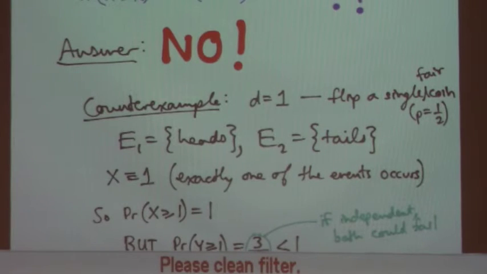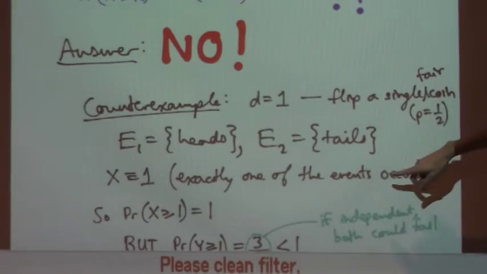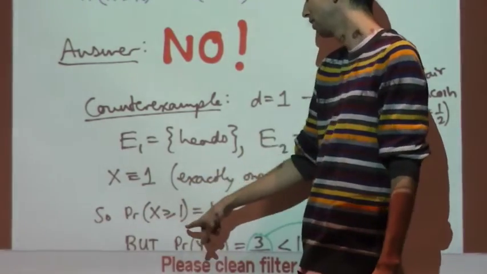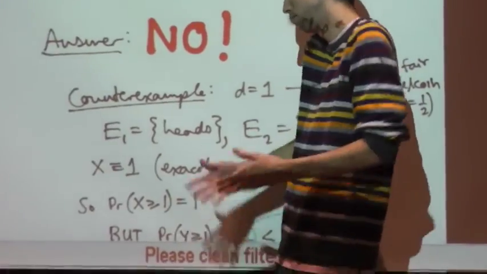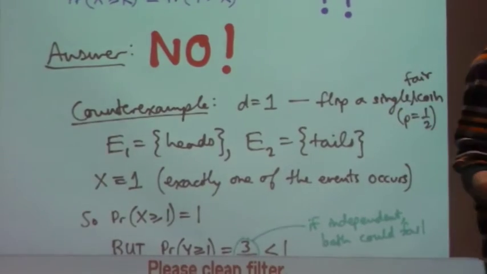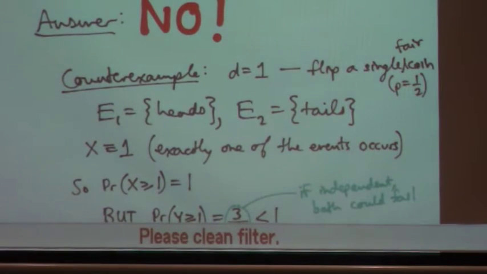So this fails for k equals 1. The probability that X is at least 1 is 1, and the probability that Y is at least 1 is only 3/4. But it should be at least 1. So you can't hope for that.